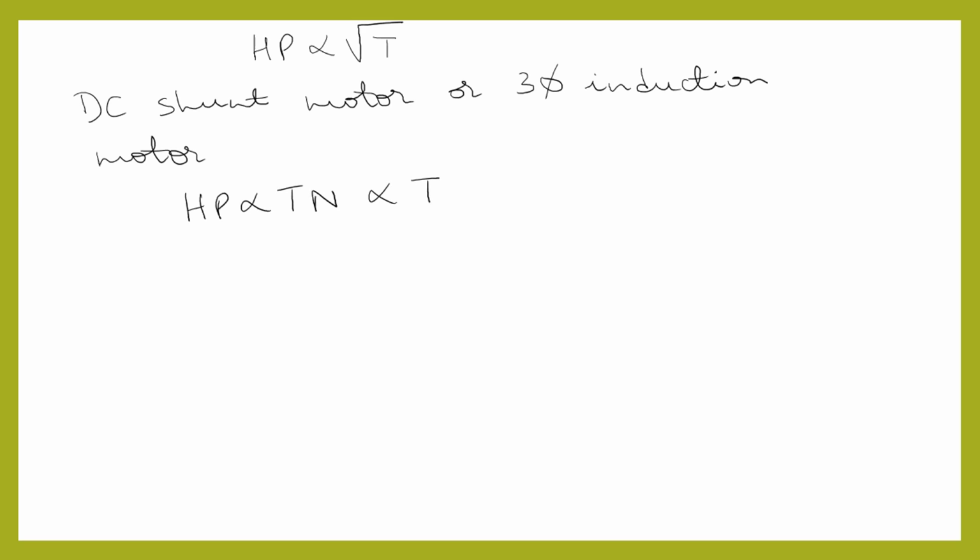So the power taken from the supply is directly proportional to torque. This shows that the amount of power required in case of DC shunt motor or induction motors is more compared to the power required in case of series motors.